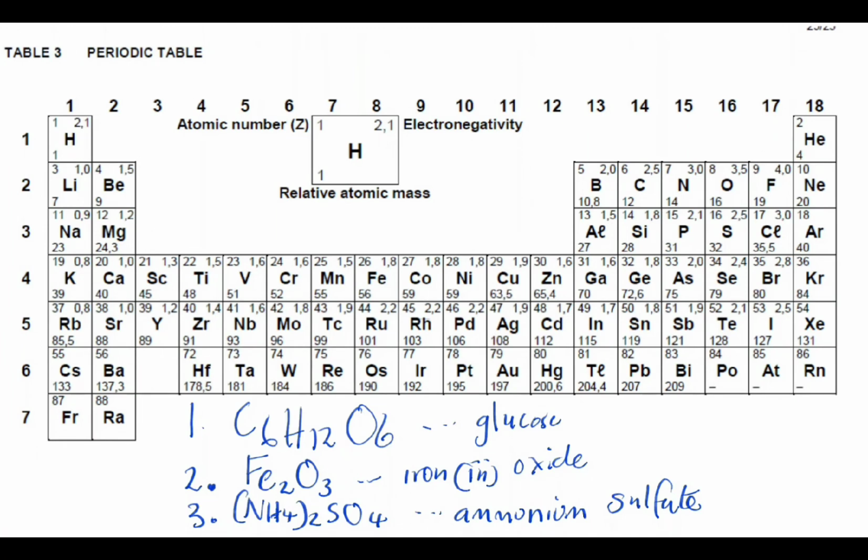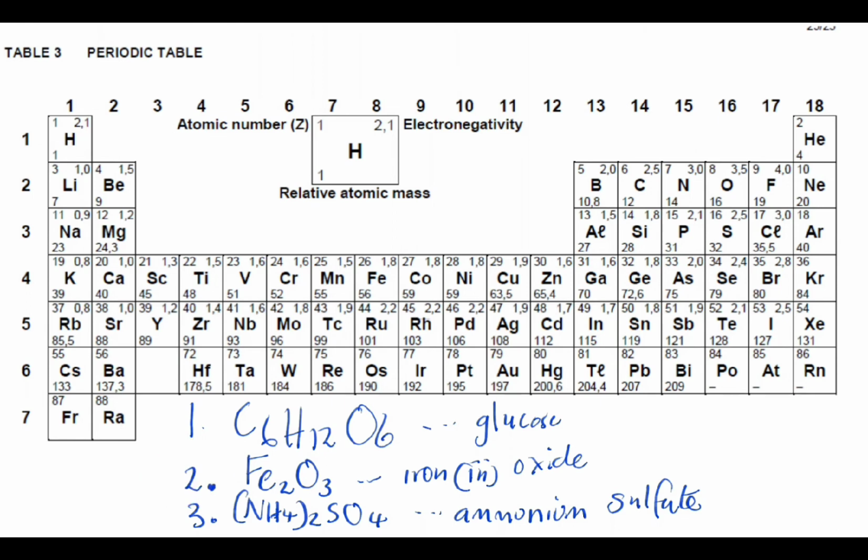Calculate the relative formula mass of the 3 substances listed below. Number 1, C6H12O6, glucose. Number 2, Fe2O3, iron(III) oxide.